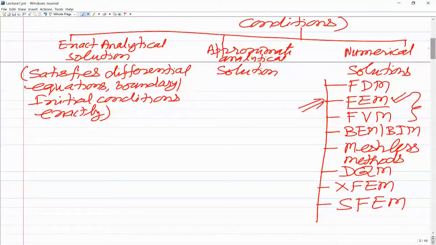There are packages like ANSYS, Abaqus, NISA, COMSOL, Nastran. There are many commercial softwares available, and they have an extensive element library. You can solve various kinds of problems using those packages. Of course you need to learn, and in this particular course we don't have any lab hours, so the packages are not included and we are going to do more of theory.